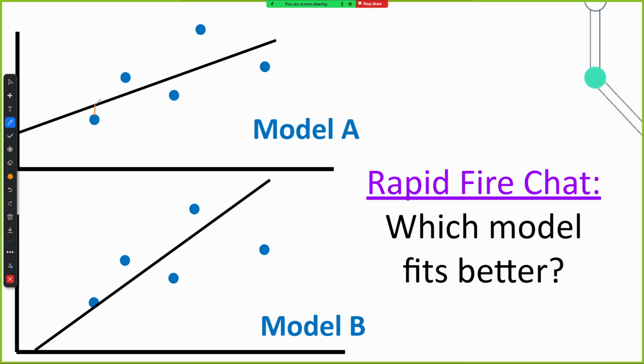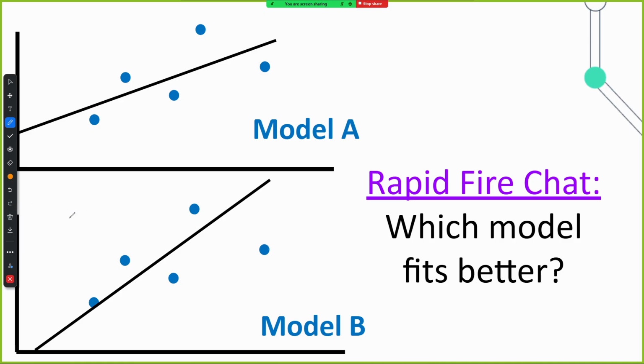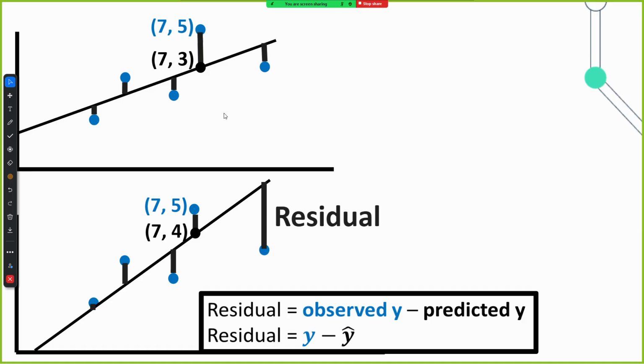We see there's this much distance, this much distance, this much distance in model A, versus this much, this much, this much in model B. We have to come up with a metric for which one seems like it has closer errors, like less distance between the line and the points. It seems like model A here is the winner because it has a bit less distance and separation between the points and the line. So perhaps we can call that one a better model.